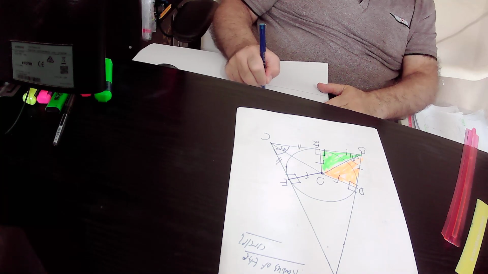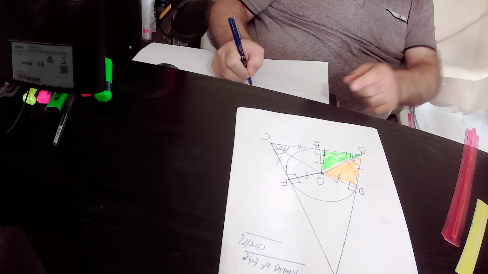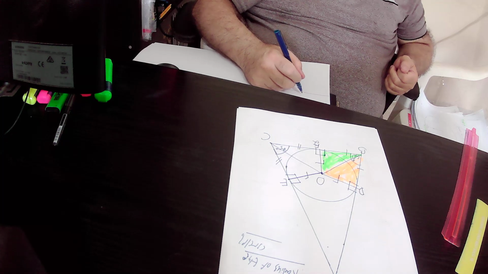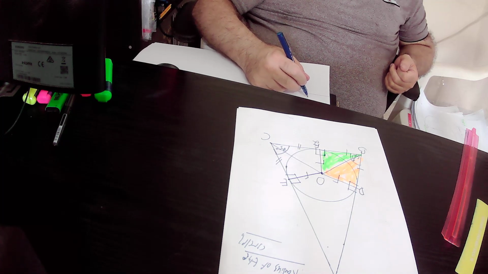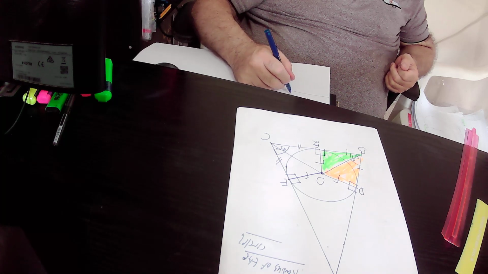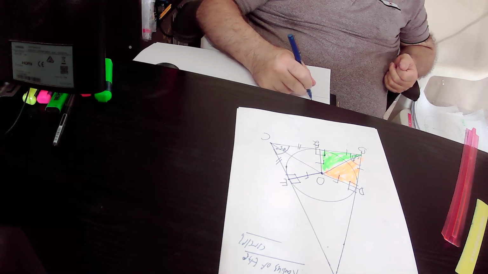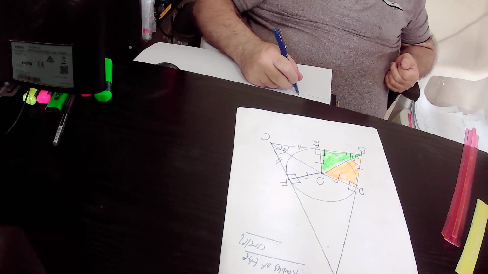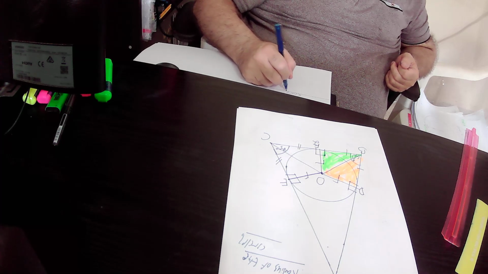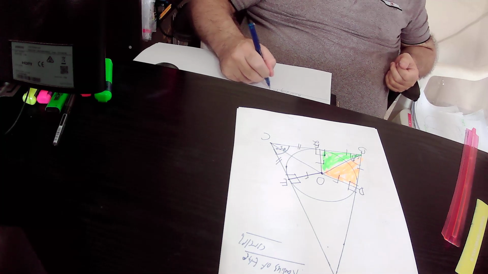It's a common side that belongs to both triangles. So I actually found out that the green triangle BOF is congruent to the orange triangle BOD according to side rule.